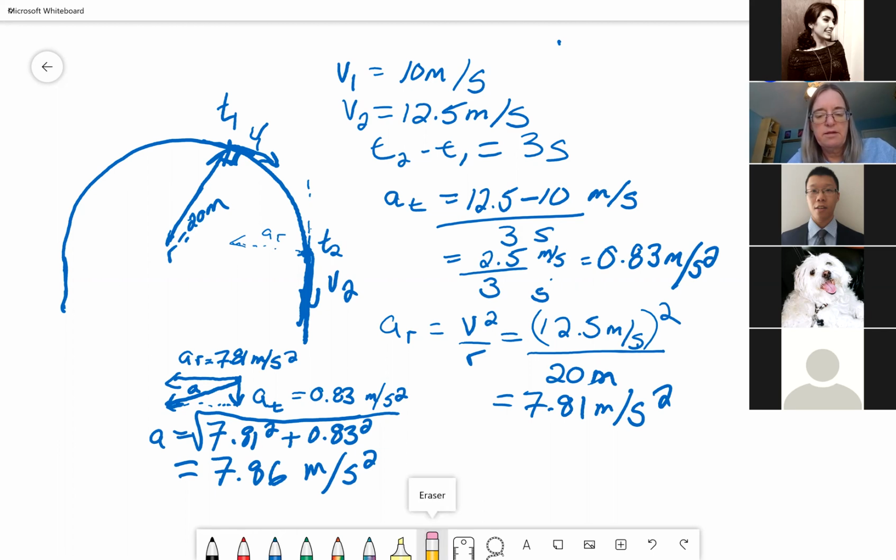So for radial accelerations, the smaller the radius is, the harder it is to change direction. So the higher the radial acceleration, the harder it is to change direction. Think about a snowy, icy day, and you're going around a curve. The faster you go, the harder it is to make the curve, right?